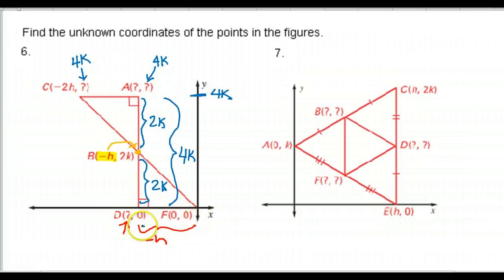If this point right here is negative h over from here, then it should still be negative h up here, and of course negative h down here.